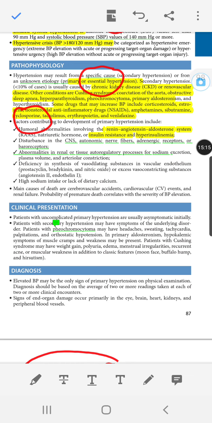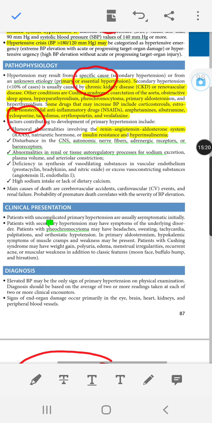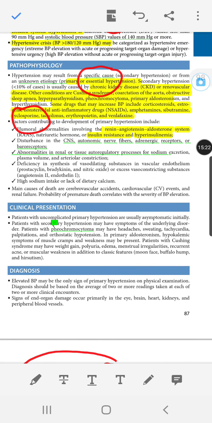So the third one is abnormalities in renal or tissue autoregulatory process for sodium excretion, plasma volume, and arteriolar constriction.